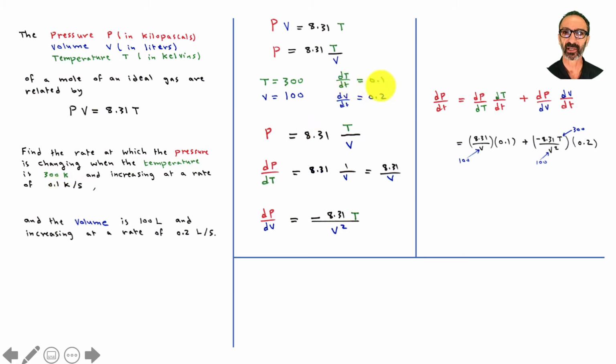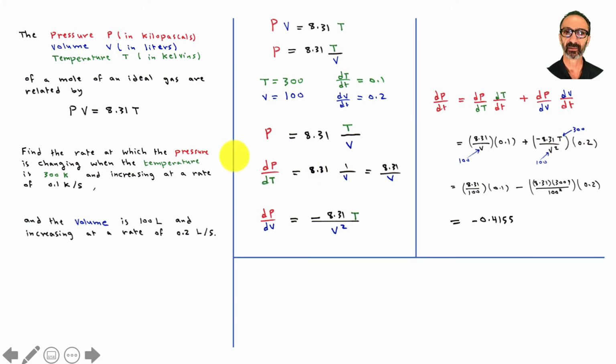Temperature is increasing at 0.1. dP/dV is right here, and dV/dt is 0.2, which is given to me right here. The volume is increasing at a rate of 0.2. Now when T equals 300 and V equals 100, I'm going to take these numbers in, do the math, simplify the numbers, and end up with negative 0.04155.